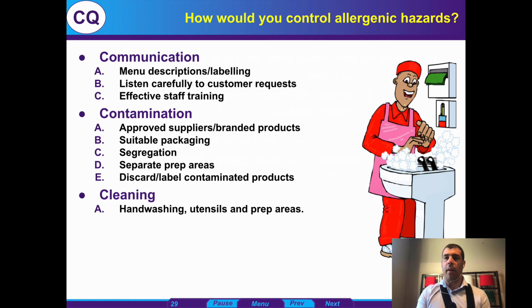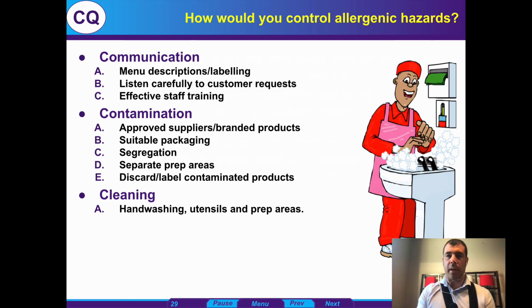Suitable packaging, segregation. So if possible, you need to segregate and separate the preparation areas. If not possible, you need to prepare food not containing allergens and then food containing allergens at different timing, vice versa. But always at different timing.